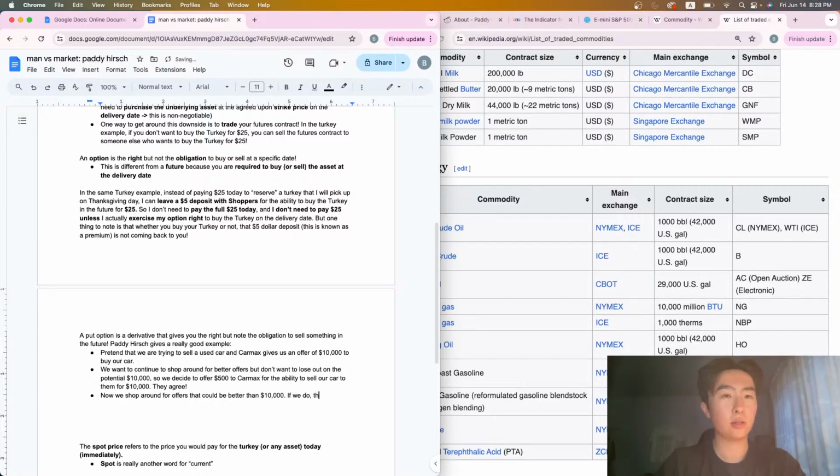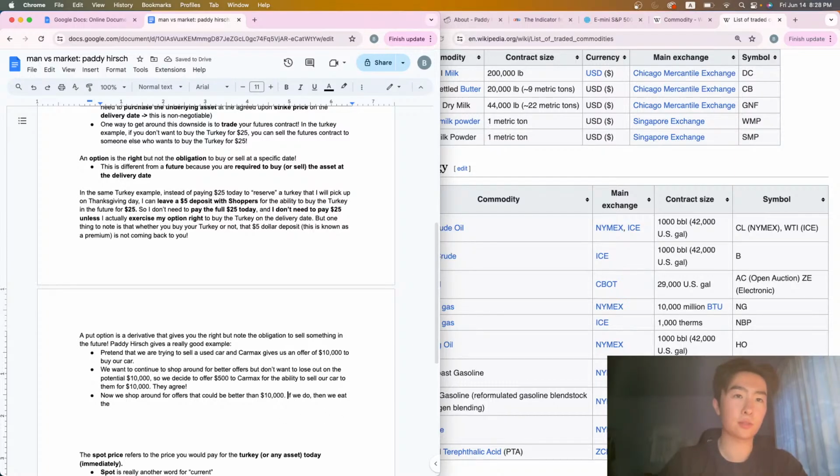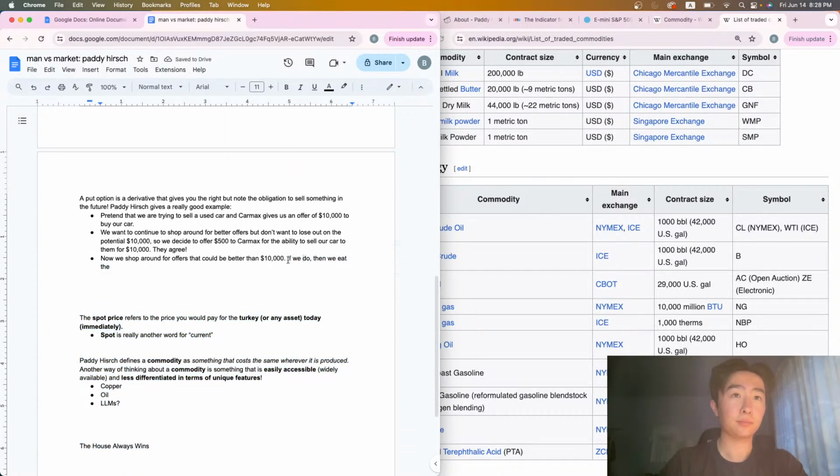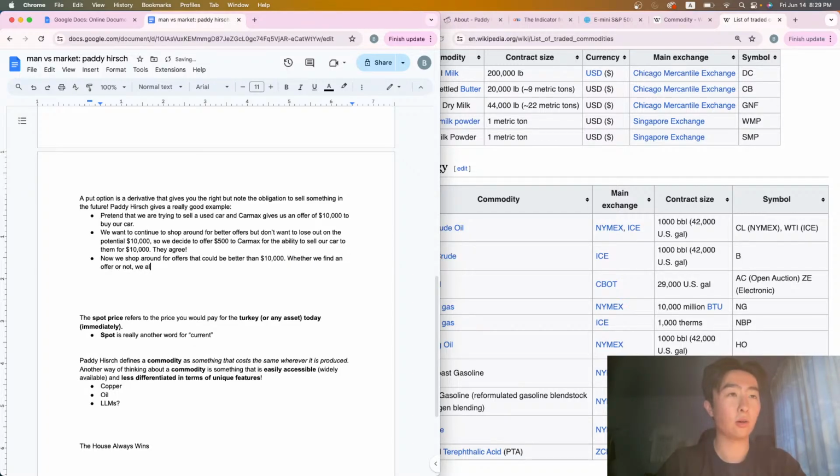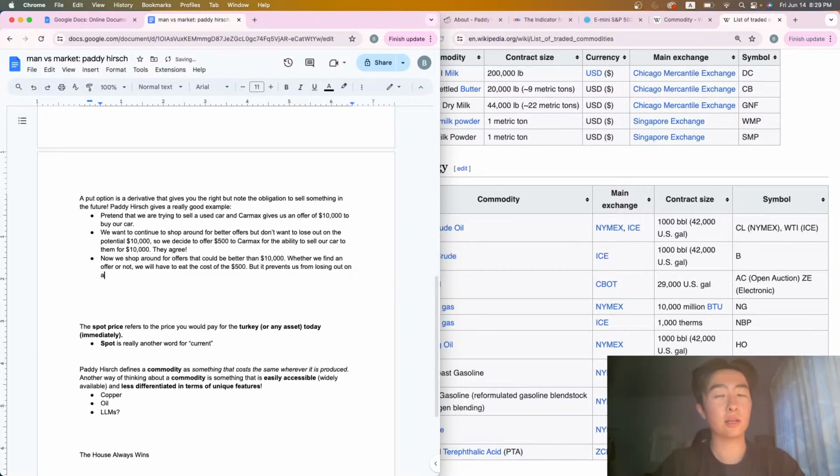If we find one, then we take it. Whether we find an offer or not, we always have to eat the cost of the $500. But it prevents us from losing out on a really great offer.